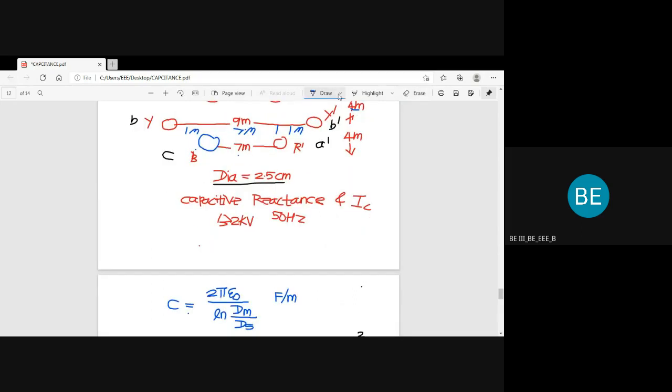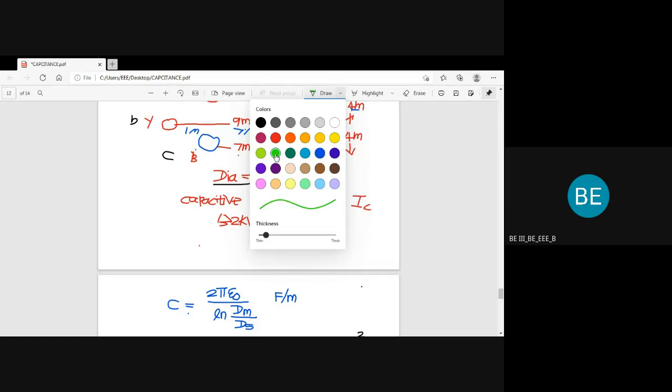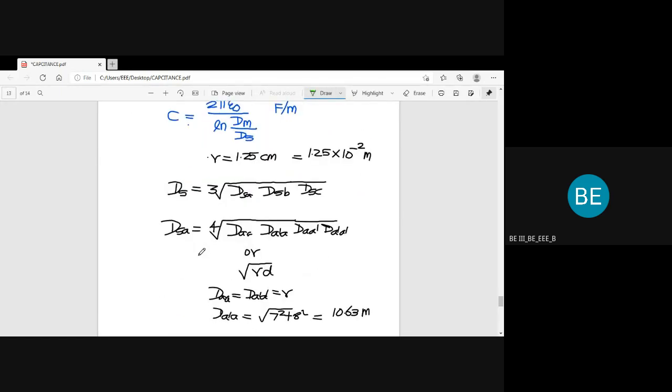The only difference between inductance and capacitance calculation is that while calculating DS, we have to substitute R. In inductance we substituted R dash, but in capacitance we substitute only R, or we can say R dash will be replaced by R. So that is the major difference while calculating the capacitance.